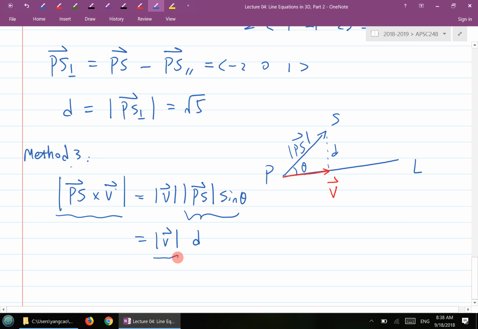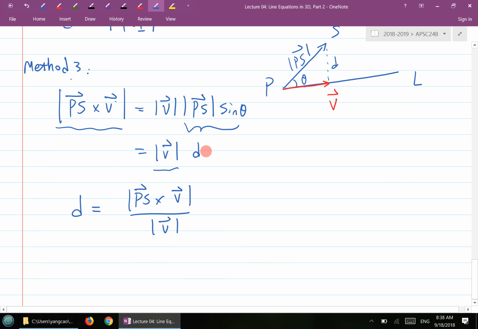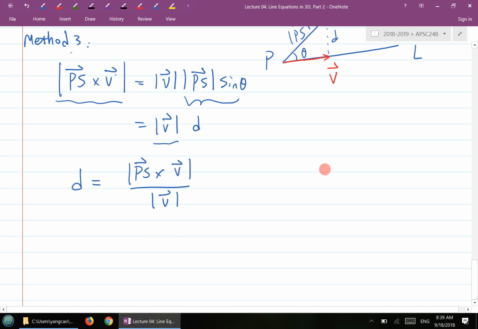So my D just equals what? It equals the fraction of that cross product over the norm of the parallel vector V. This saves a lot of computation compared to the other two methods. Literally you're just doing one calculation here, so let's do it, because I have the cross product for this one.